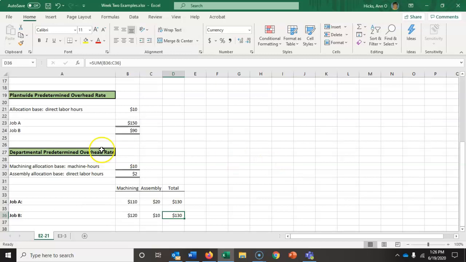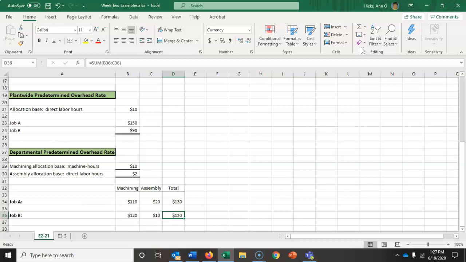So notice what's happening. When we used a plant-wide predetermined overhead rate, job A got a heftier allocation of overhead than job B did, $60 more. In reality, when we look at the amount of effort incurred in each department, they really should have gotten an equal amount of overhead, which means if we used a plant-wide predetermined overhead rate, we could easily end up overcosting one job, undercosting the other.